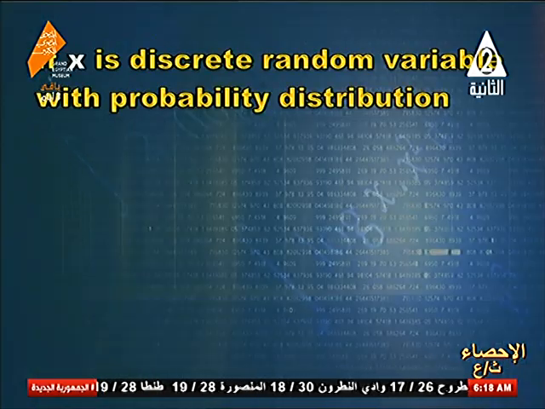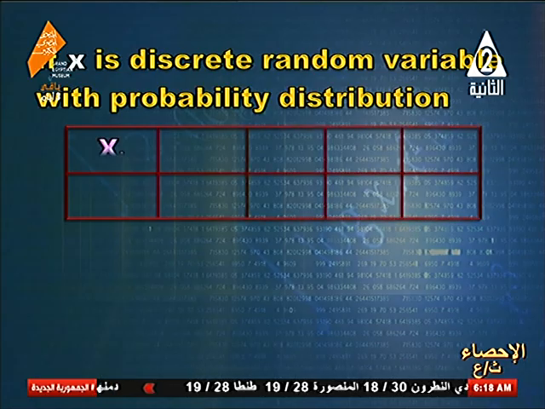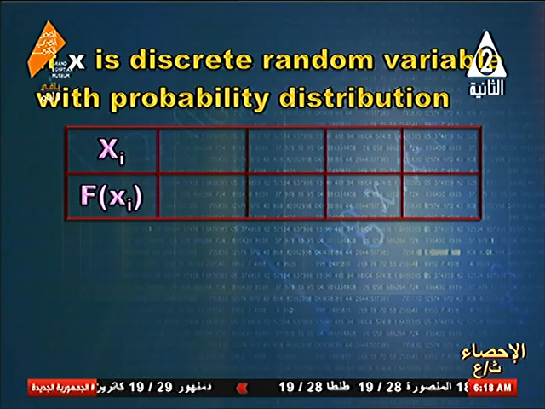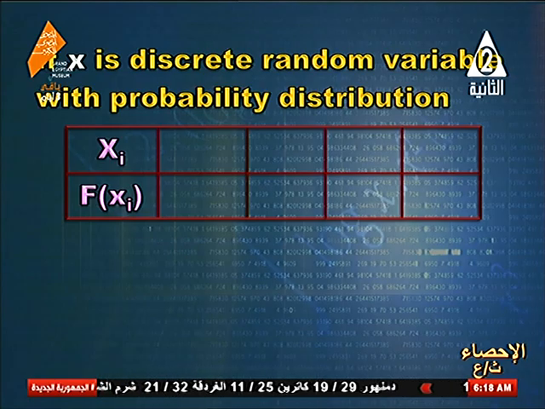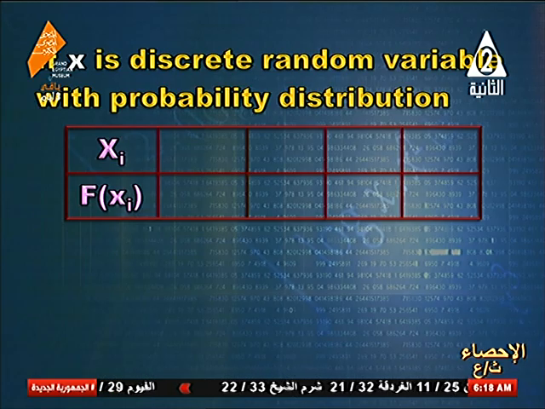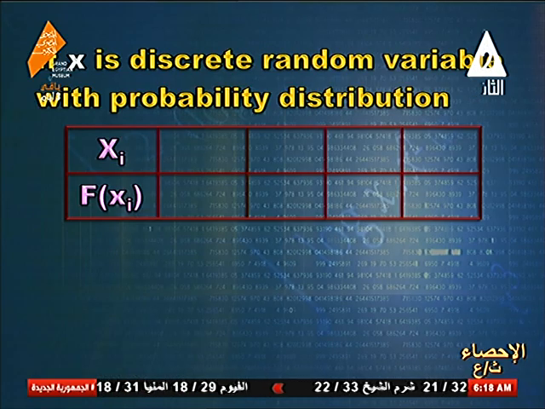My dear student, look at another example. If x is a discrete random variable with probability distribution. In this example, we have a table containing two rows.